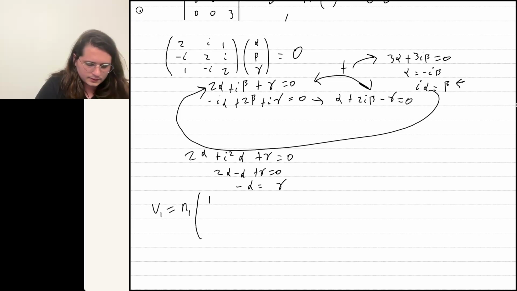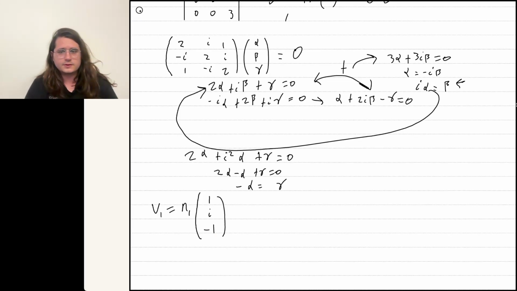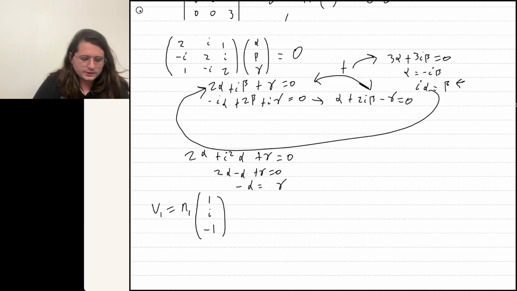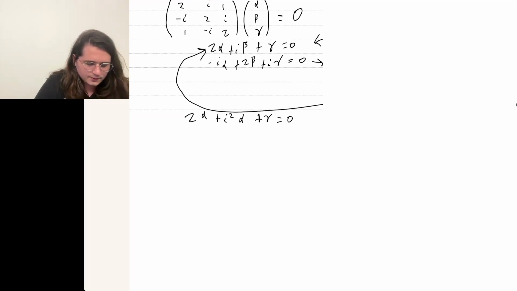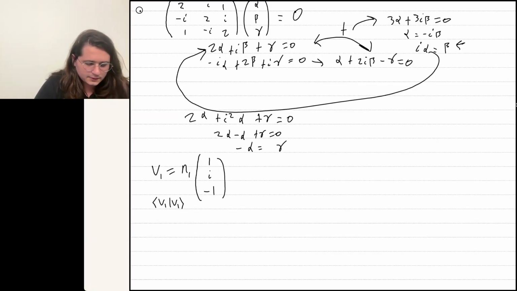a 1 and a minus 1 and an i for the first eigenvector, which we should normalize, right? So it's going to be setting the inner product of V1 with itself to 1.